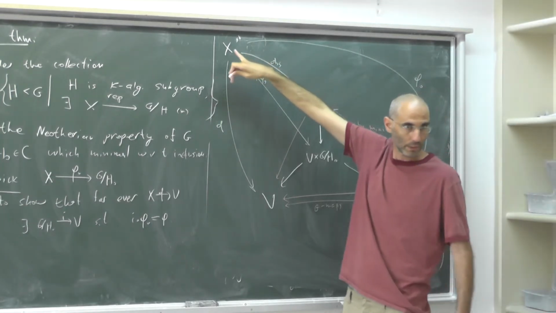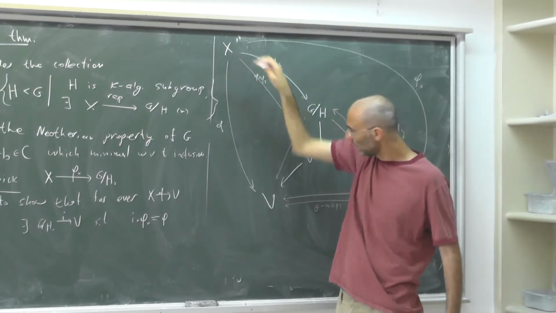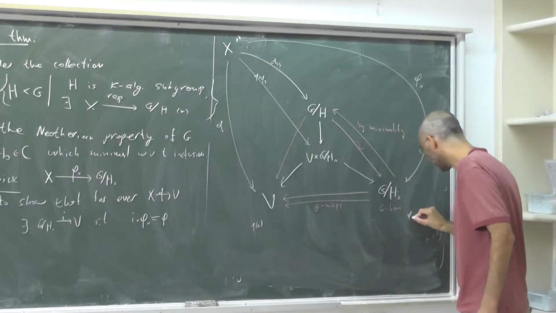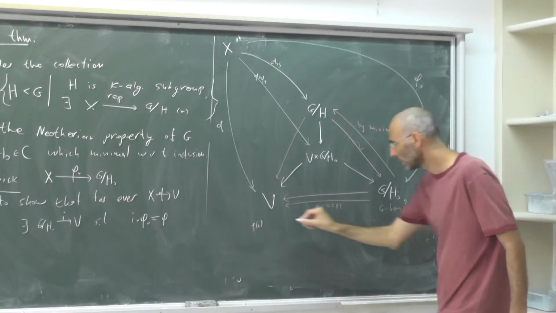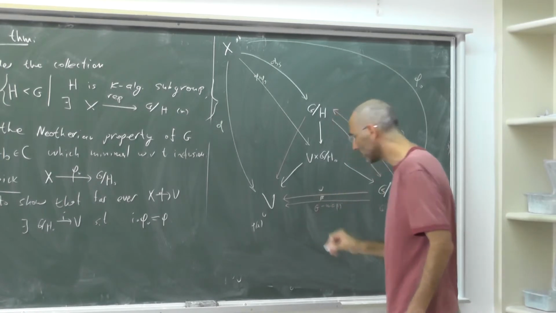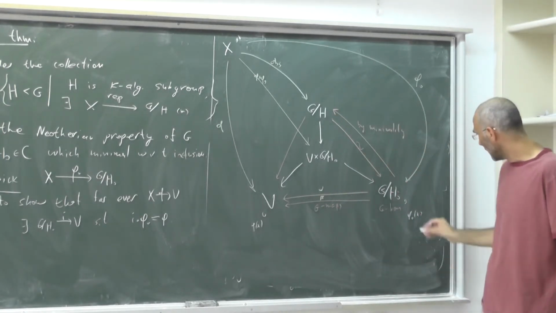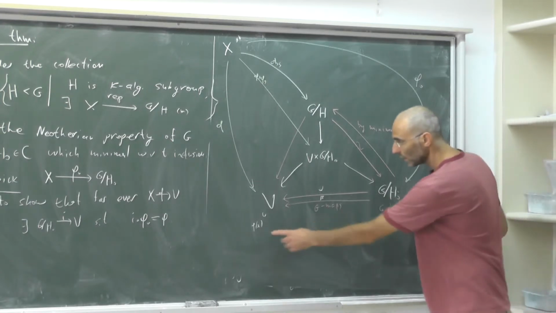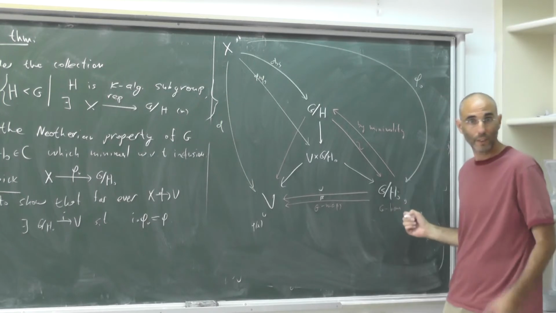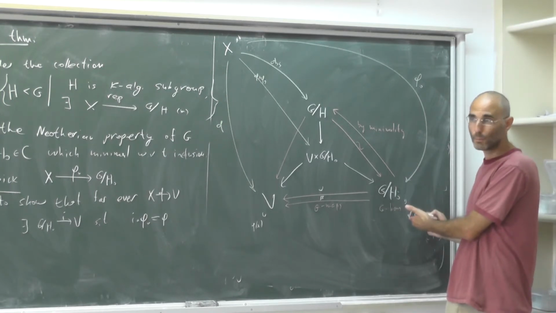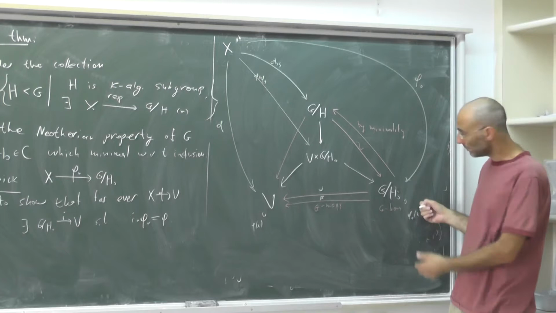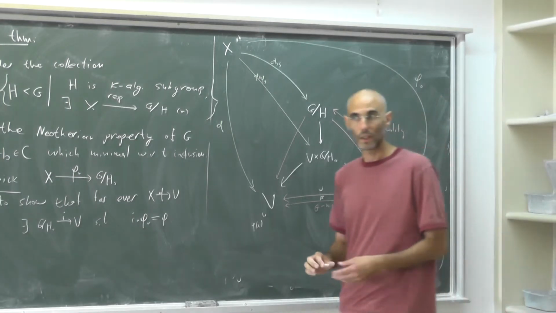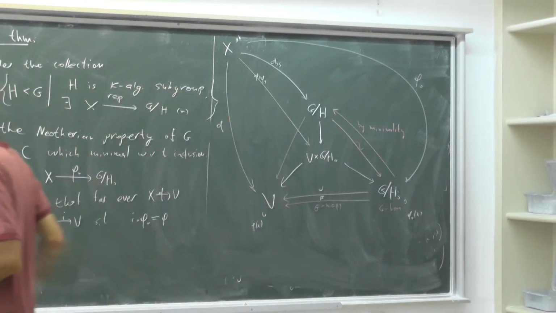But let me cheat just a bit. Take any point here, take phi of that point and phi 0 of that point. This map is alpha, this map is beta, and alpha and beta both agree on one point. So, being G maps in this homogeneous space, they must agree everywhere.